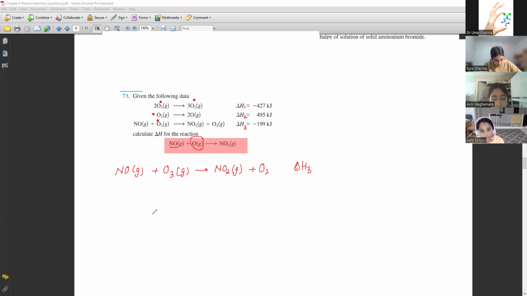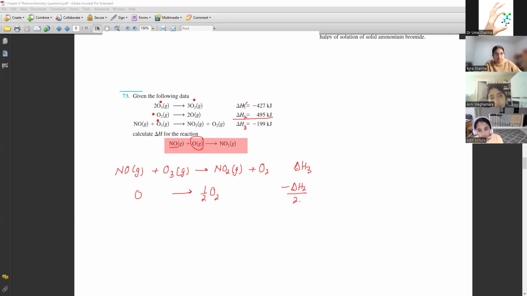Focus on this. What should I do with equation 2? Reverse and divide by 2. So it becomes half O2. So can I say minus delta H2 over 2?